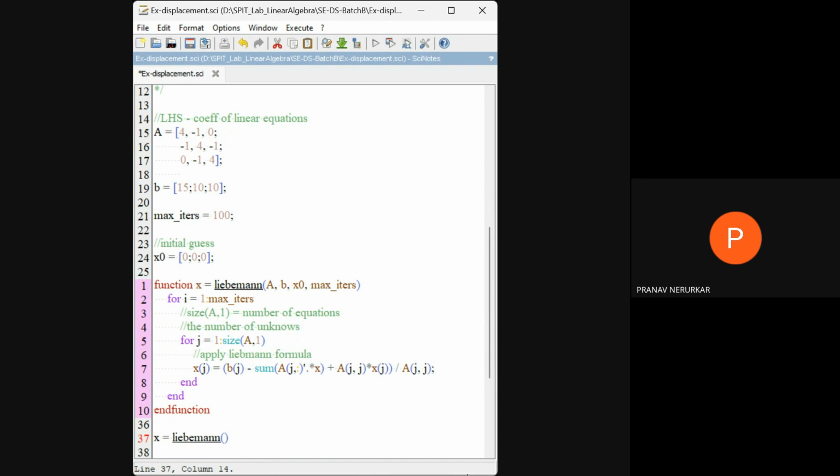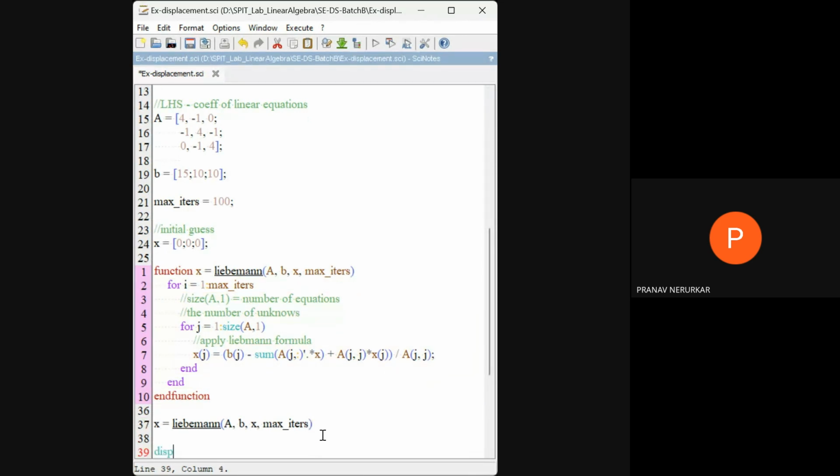Call the function, pass the parameters, first A, B, pass x0 and let us call this X and max number of iterations.